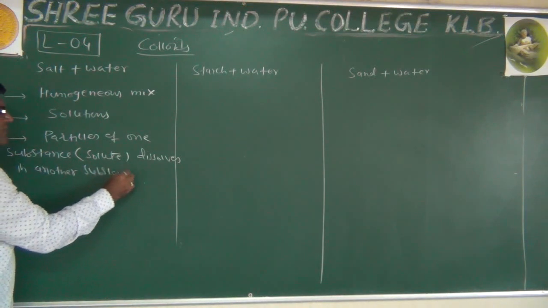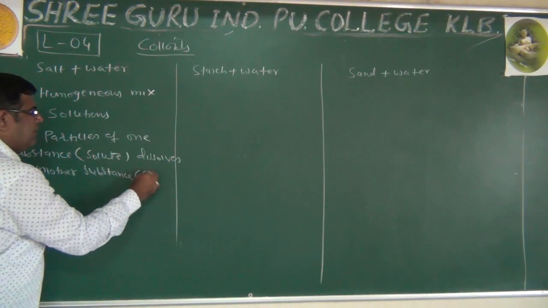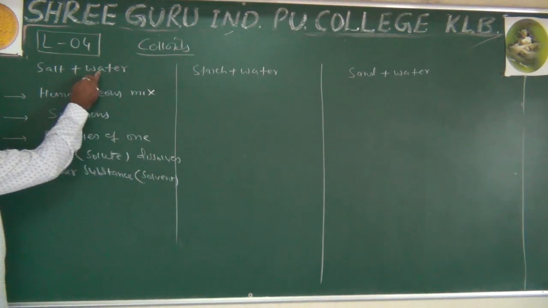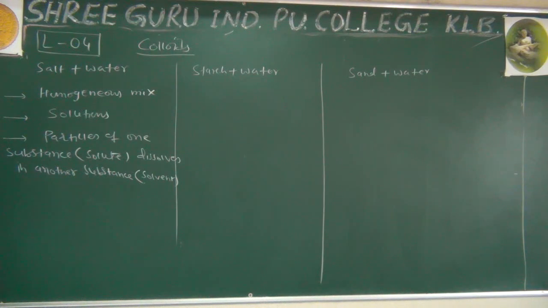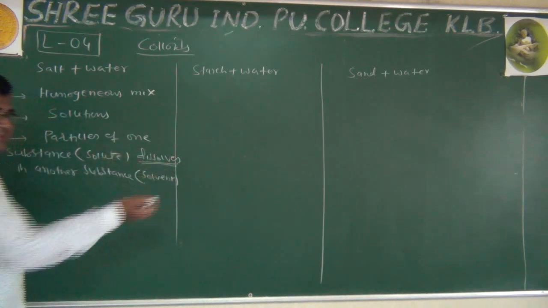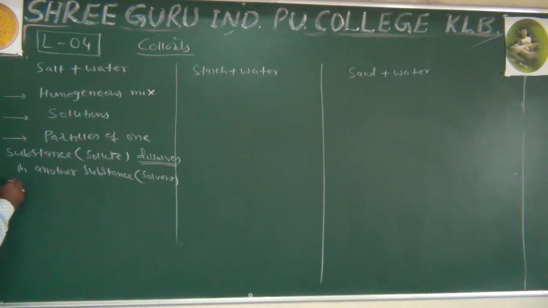That other substance is called solvent. Water is the solvent and salt is the solute. The component present in small proportion is the solute. The large proportion is the solvent. So particles of one substance dissolve into another substance.